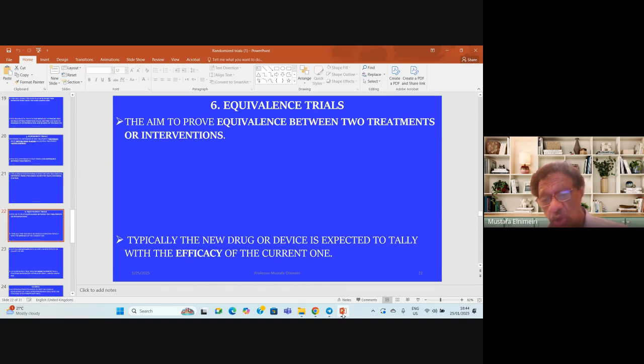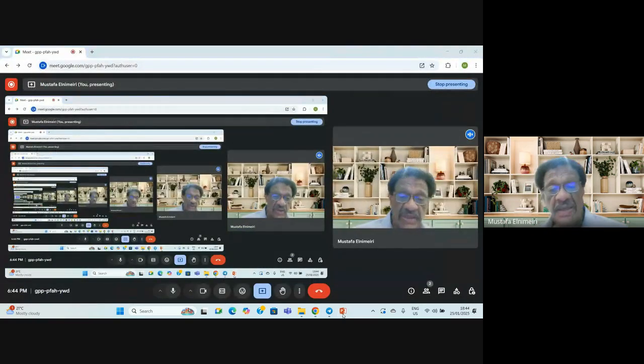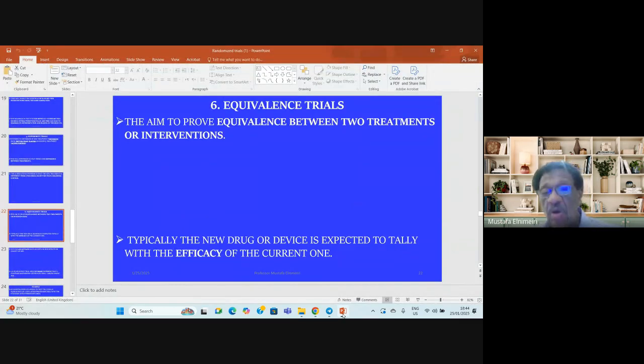Now we talk also about the equivalence trials. The aim of the equivalence trials is to prove that there is equivalence between 2 treatments or interventions. Typically, the new drug or device is expected to tally with the efficacy of the current or standard treatment which we are using in our practice currently.